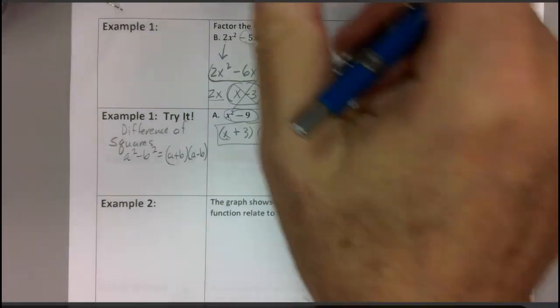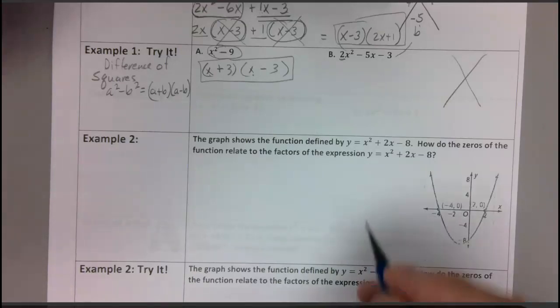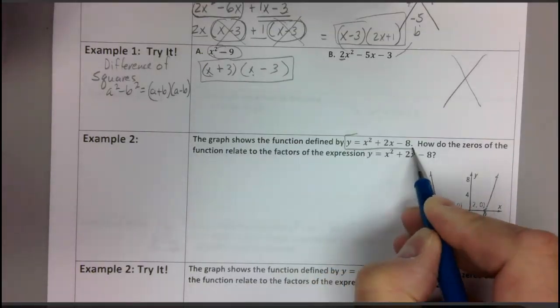Okay, let's go to example 2 now. The graph shows the function y equals x squared plus 2x minus 8.